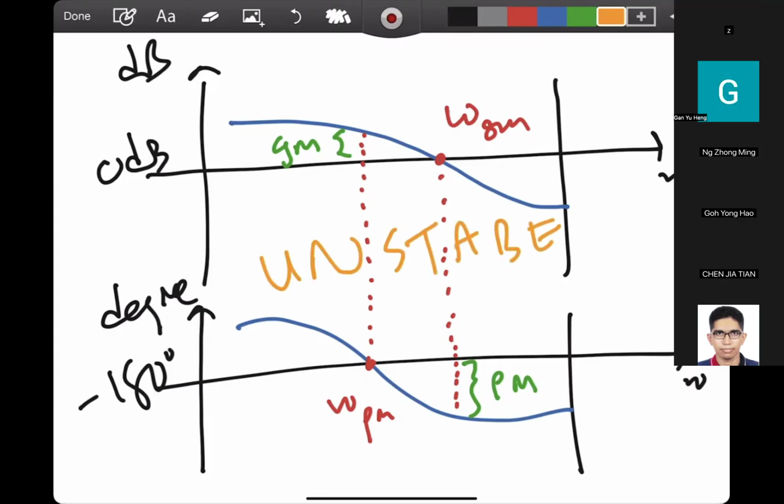Stable. Okay, unstable, because the gain margin and phase margin are negative.